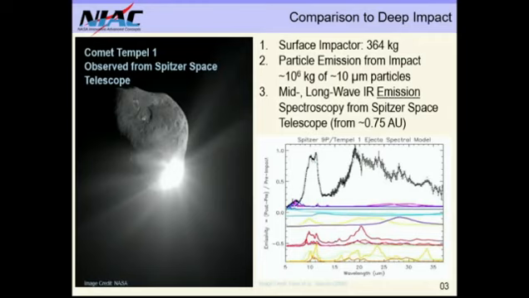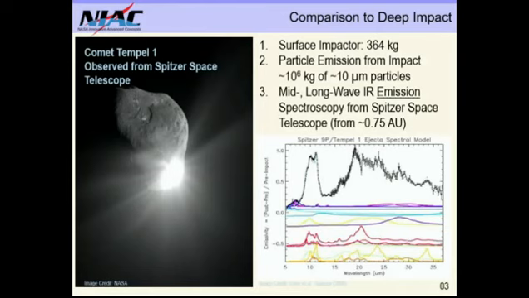Those particles were at a certain temperature, emitting infrared energy, and the spectrometer on board the Spitzer observed that plume both before and after the impact, and compared those spectra to do compositional analysis. And this is at 3/4 of an AU. The LIBS was at 8 meters.